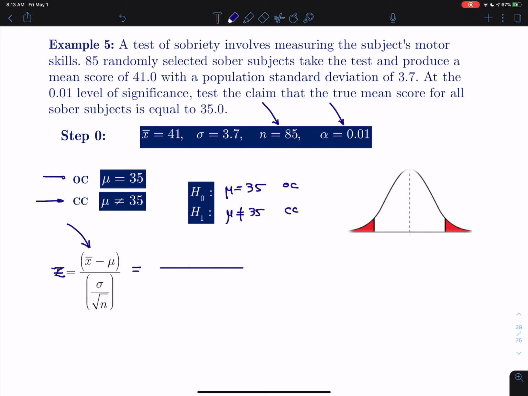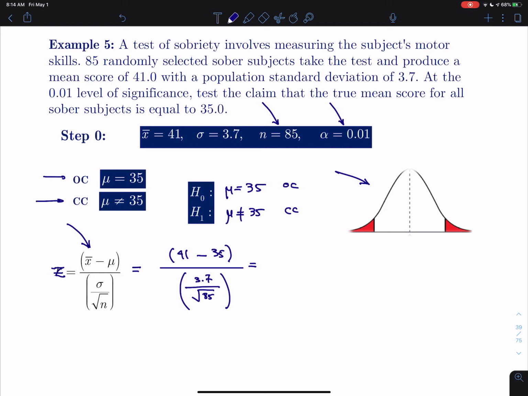I have x bar, which is 41, minus mu, which is 35, divided by sigma, which is 3.7, divided by the square root of n, which is 85. And if I type that up, I get some value, and I'll show you that on the next slide. My test statistic is whatever it is. That brings me to my third step, and I'll show you that on the next slide.